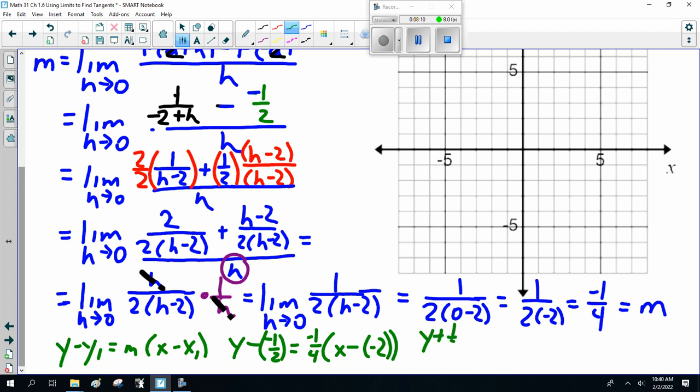So y plus 1/2 equals minus 1/4 x plus 2, because it becomes plus 2 times minus a half. So y equals, subtracting a half from both sides, minus 1/4 x minus 1.